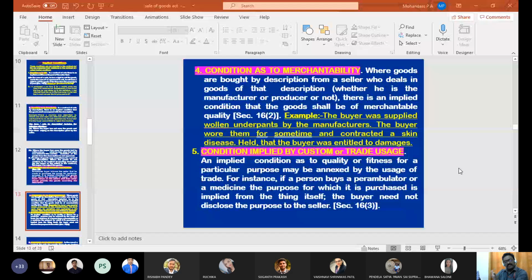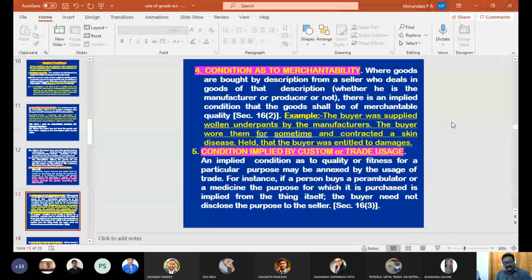They sent the consignment and it reached Tejas at Bangalore. When he opened it, he saw a lot of fungal formation on all the undergarments. As far as Tejas is concerned, it is a violation of implied condition as to merchantability.